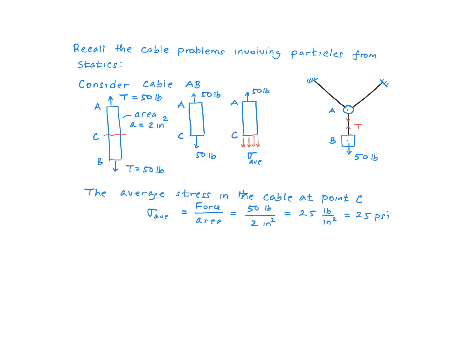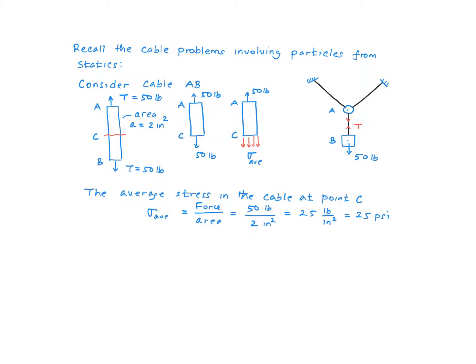We will talk more about this later, but here is a quick explanation. Depending on how far away point C is from point A, the stress at various points on that cross-section may not be the same. If the cable AB is held on this ring at a certain point, then this tension of 50 pounds is not going to be spread uniformly on that cross-section.